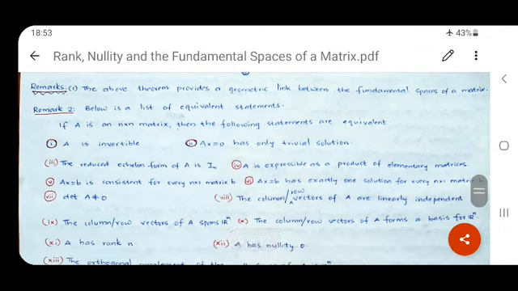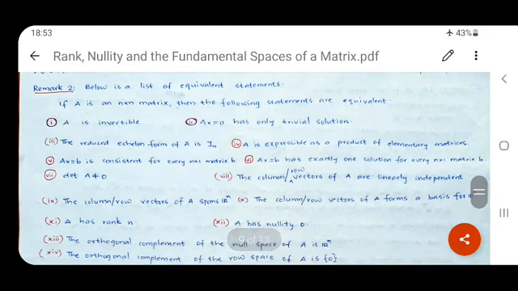Then third statement is the reduced echelon form of A is In because it is invertible. Fourth statement is A is expressible as a product of elementary matrices. That is also proved. Fifth statement, Ax equal to b is consistent for every n by 1 matrix b. Sixth one, Ax equal to b has exactly one solution for every n by 1 matrix b.